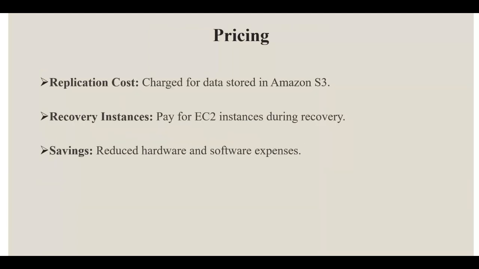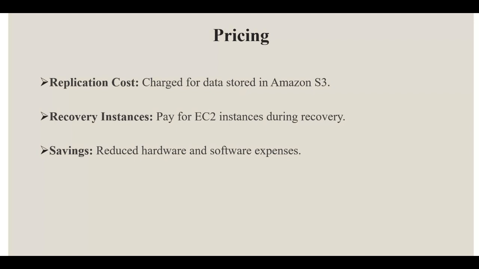The next is pricing. As we all know, it's pay for what you use. It contains replication cost, recovery instances, and savings. The replication cost is charged for the data stored, in storage like Amazon S3 or EBS.